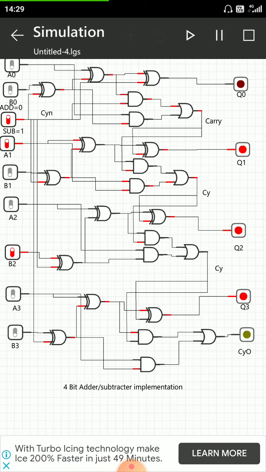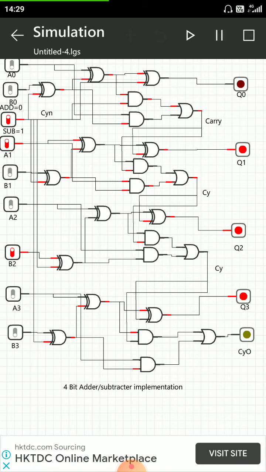And this is in the form of 2's complement. We need to convert it to get the result. First take the 1's complement of this. So Q3 will go to 0, Q2 will be 0, Q1 0 and Q0 will be 1.